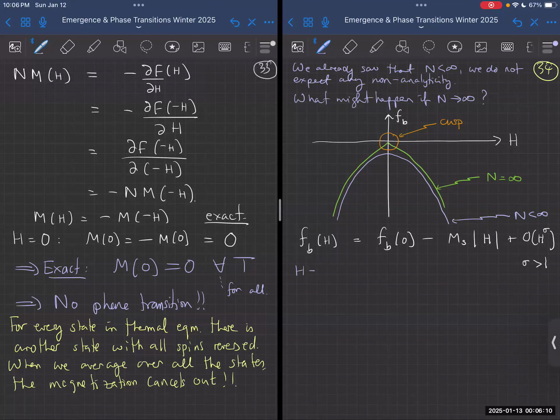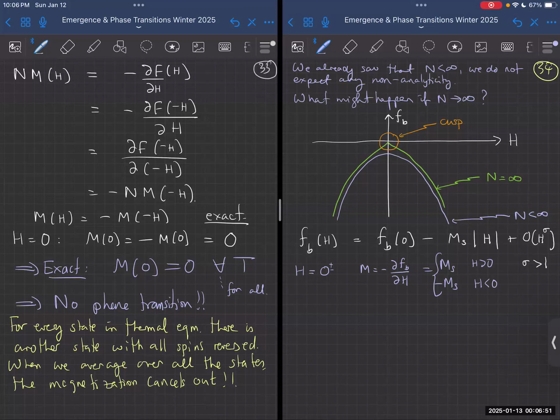As I take the limit as h goes to 0 plus or minus, m is minus dfB by dh, and that is equal to ms if h is greater than 0, and minus ms if h is less than 0. So this discontinuity means that the free energy has to have this cusp, therefore it is a non-analytic function, and that's how we get the phase transition.